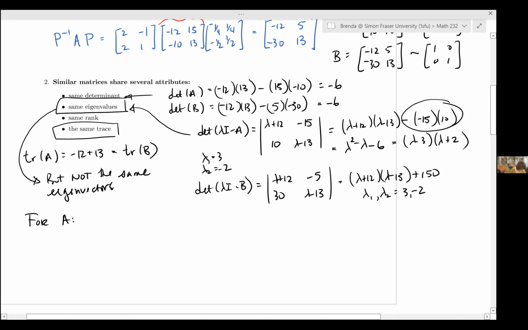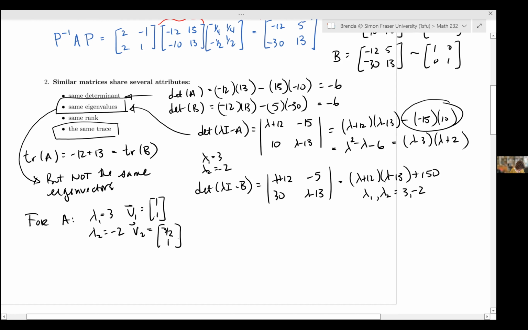So I calculated the eigenvectors for A, and for lambda 1 equal to 3, I got the eigenvector V1 1 1. And for the eigenvalue lambda 2 equal to minus 2, I got the eigenvector V2, which is 3/2 and 1.